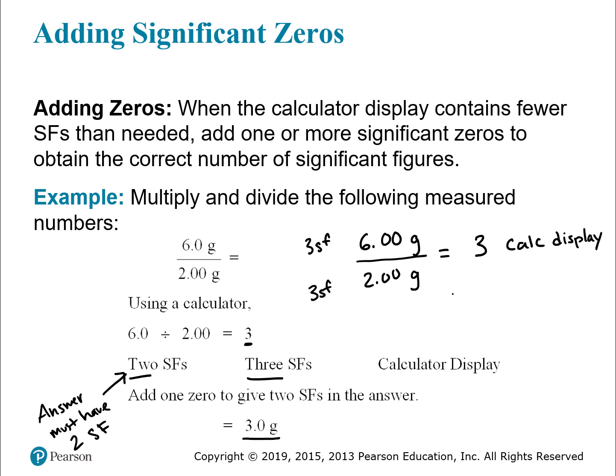So you need to report your answer with 3 sig figs. How would you do that? You add 2 significant zeros. We'll do more practice in class, and then you'll get it.